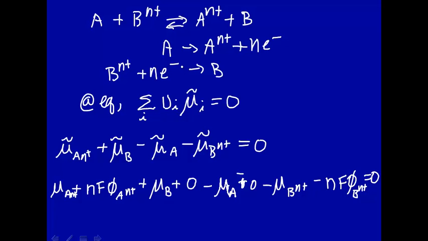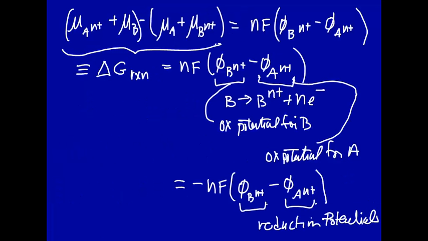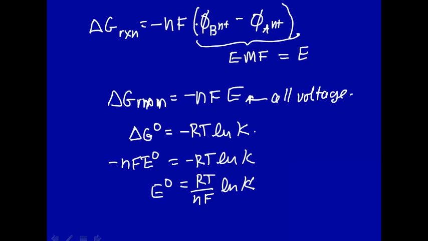It would be cool if we could have different standard readings for these half reactions, so that any reaction we can get by adding two half reactions, we don't have to actually do it. So what you need in order to measure these half reaction cell voltages is a standard state.